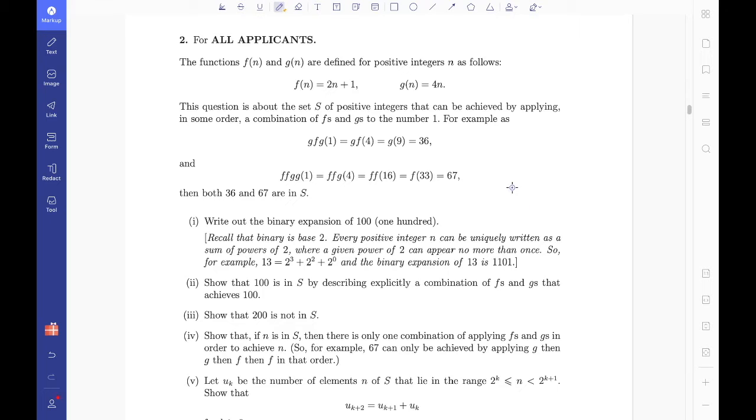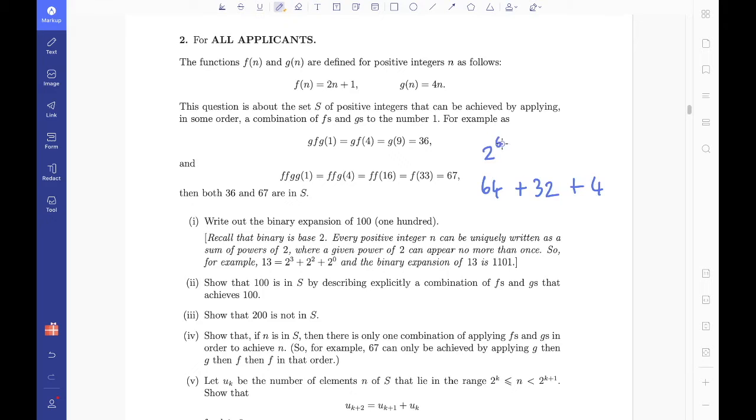So the smallest power of 2 less than 100 is 64, and then the one lower than that is 32, so 2 to the 5. If you add those together, you get 96, and then you just need to add on 4, which is another power of 2.